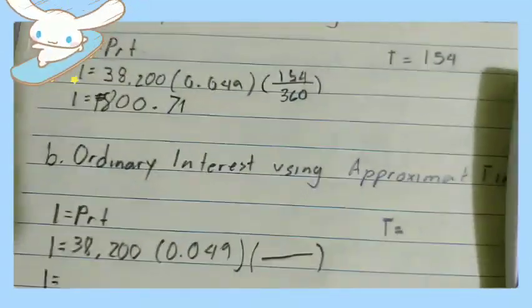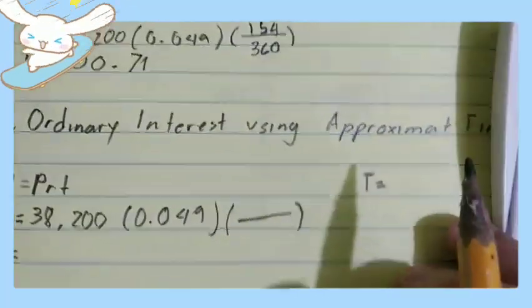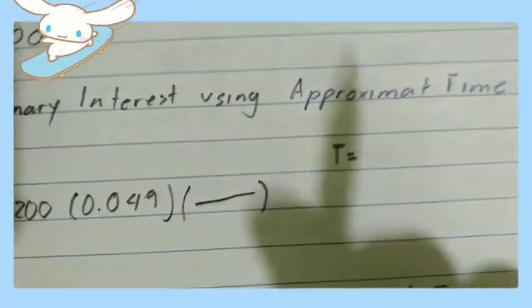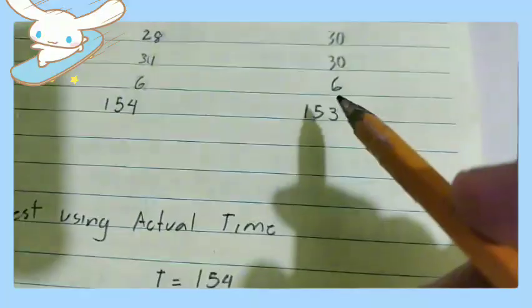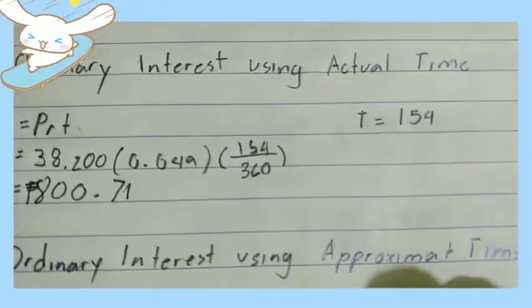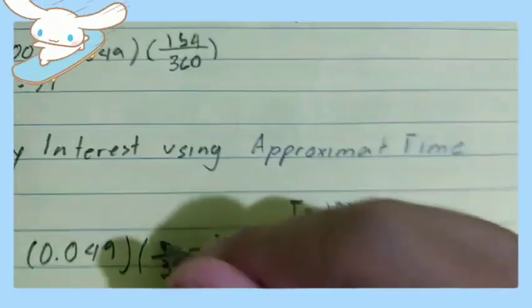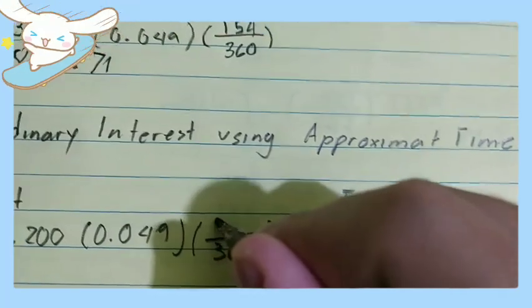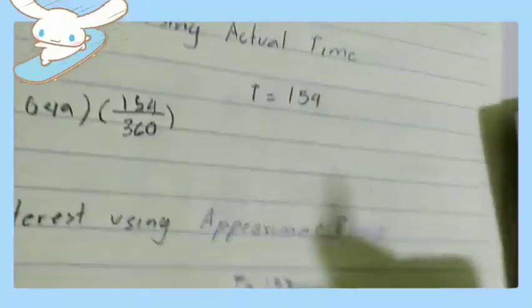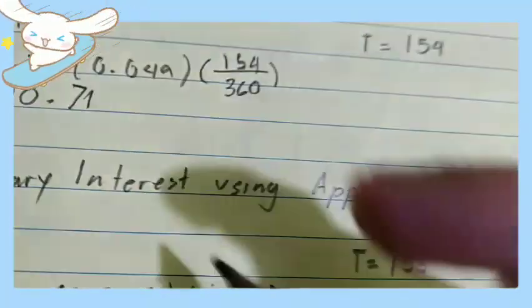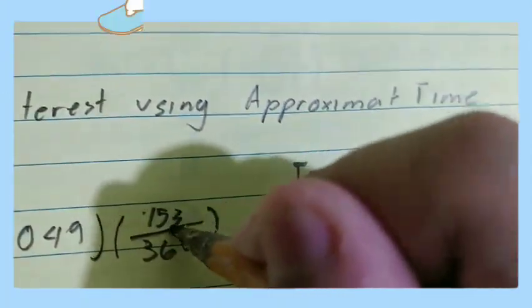Now let's move to letter B. Ordinary interest using approximated time. Now we're using approximated time, so our T is 153. And we're still using 360 because it's ordinary interest. So we're using 153.